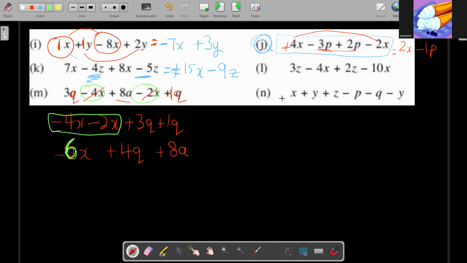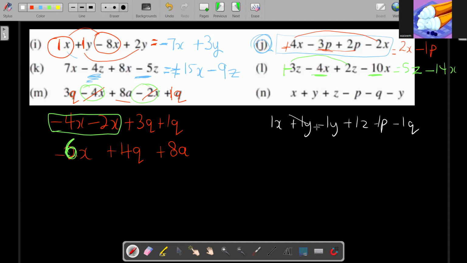Good. Next one. Who wants to do the last one? No, we have two more. Part L, I'll do for you: 3z plus 2z is 5z, and minus 4x minus 10x is minus 14x. That was simple. And the very last one now, class: we could put coefficients for them. So we have 1x, plus 1y, minus 1y, plus 1z, minus 1p, minus 1q.